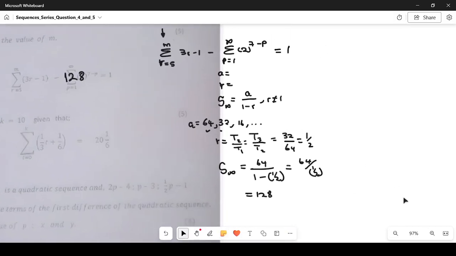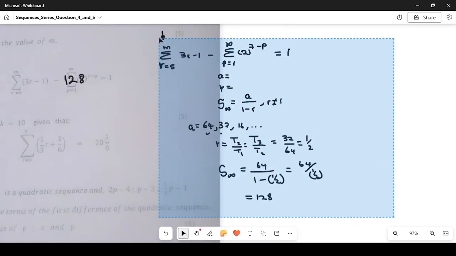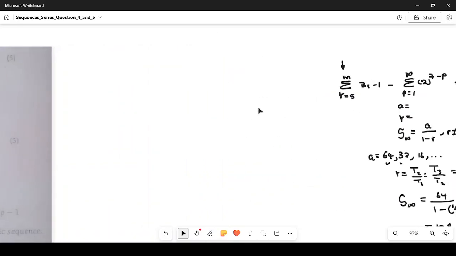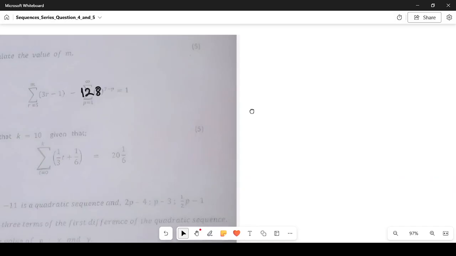So now the new equation: the sum of 3r minus 1, where r is equal to 5 to m, is equal to 1 plus 128. That's 129.